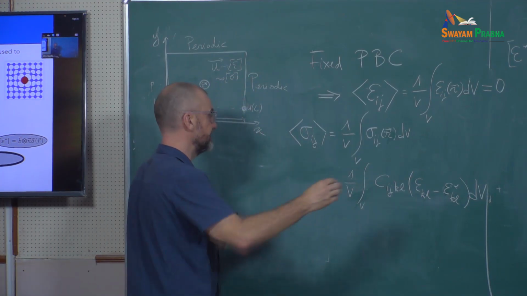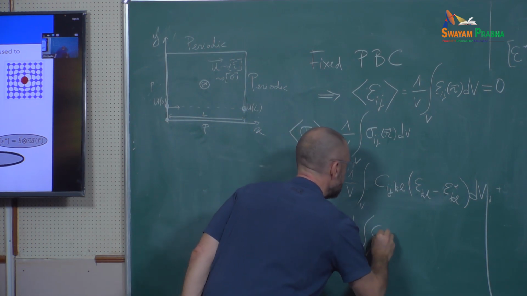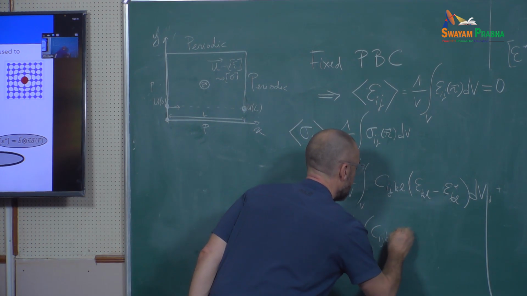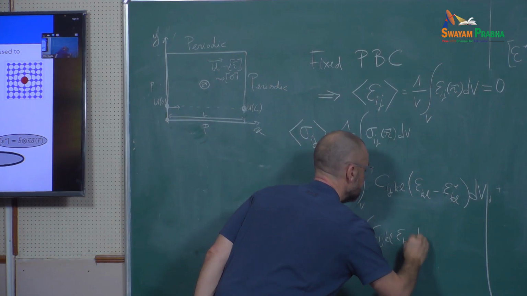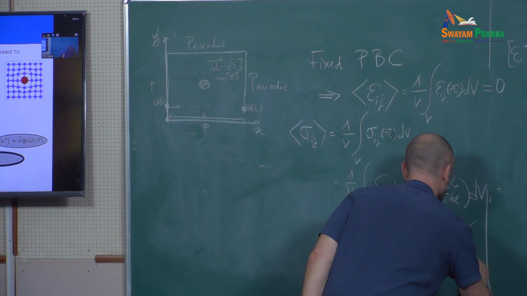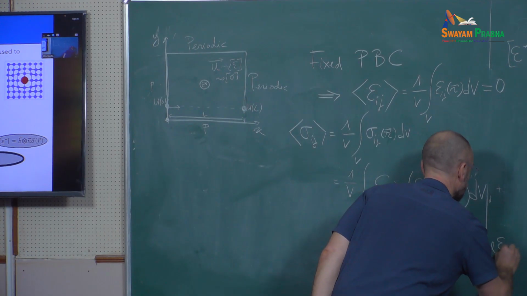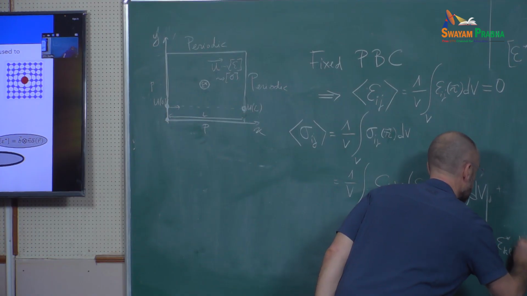Now I can separate. That gives me 1 over V, integral over V of C ijkl epsilon kl dV, minus 1 over V, integral over V of C ijkl epsilon star kl dV.